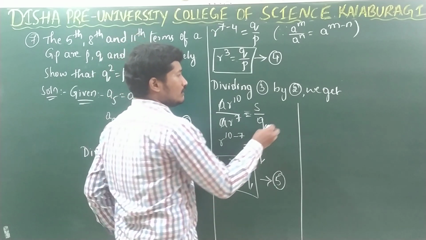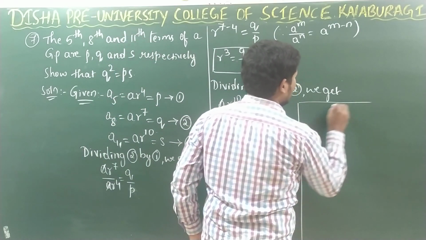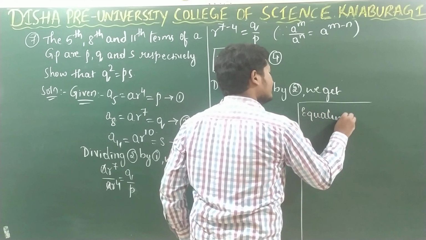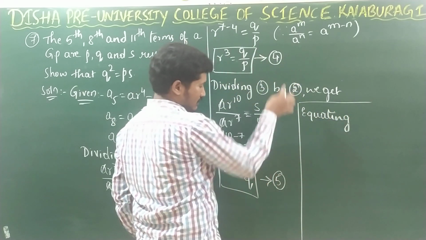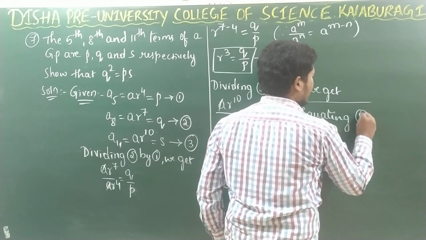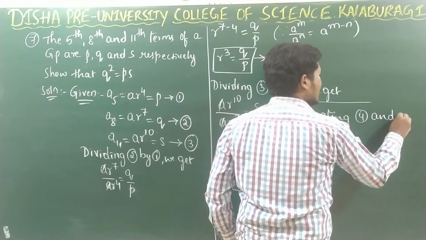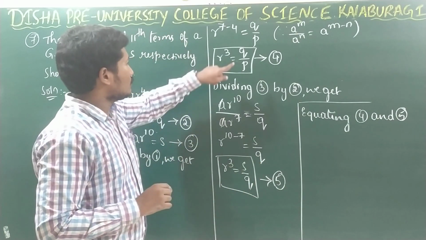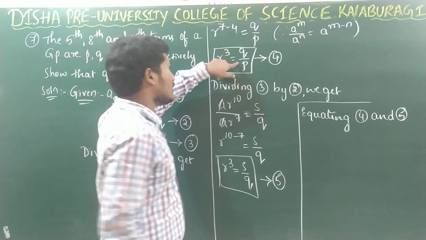So what do we do here? We will equate equation number 4 and equation 5. Since the LHS are equal, obviously the RHS will also be equal. What is the RHS of equation number 4?